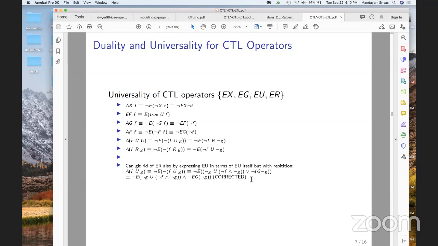So that's why usually ER is thrown away. What this reduces is that model checking will have to just deal with the CTL operators EX, EG, and EU, and the rest you can check by using these reduction rules.